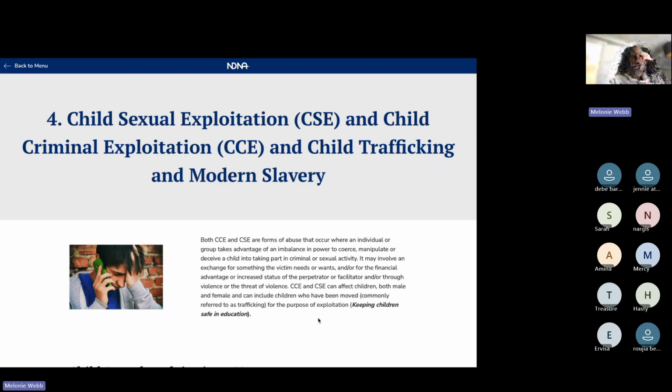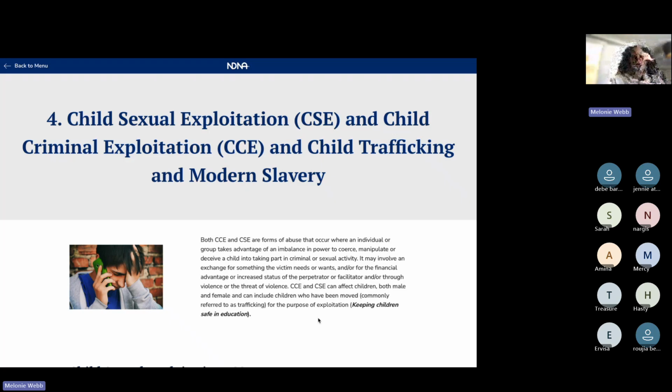So looking at CSE, CCE and child trafficking and modern slavery, both child criminal exploitation and child sexual exploitation are forms of abuse that occur when an individual or group takes advantage of an imbalance of power to coerce, manipulate, or deceive a child into taking part in criminal or sexual activity.